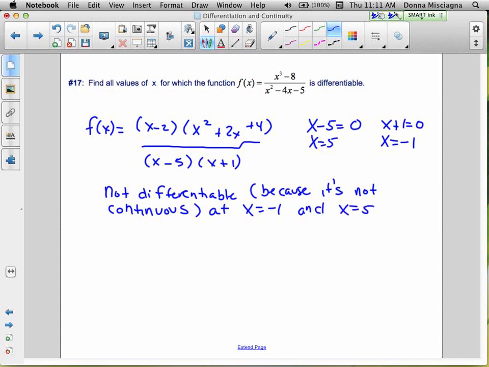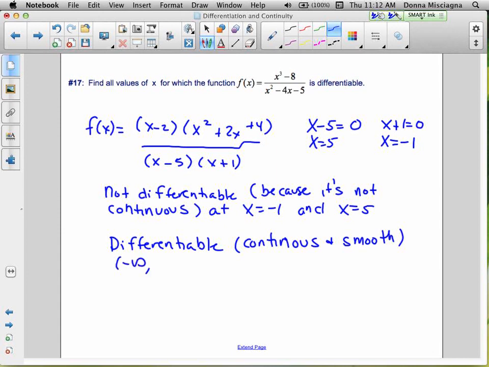It is differentiable because it is continuous, and there are no cusps or corners on the graph of a rational function. So it's smooth everywhere else. So that would be negative infinity to negative 1, and negative 1 to 5, and 5 to infinity.